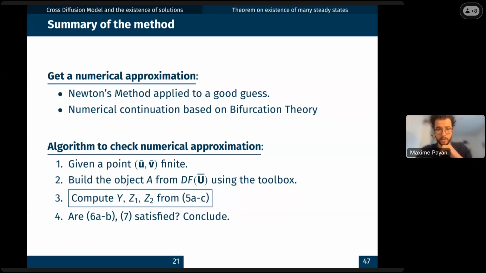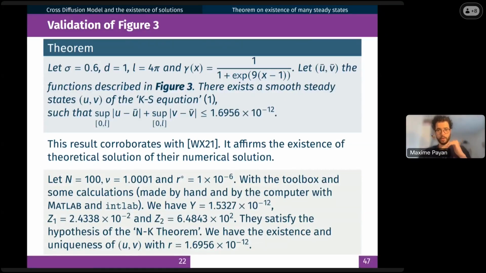Okay, so here we have the theorem for the Wang-Xu function. I repeat the data. There exists a smooth steady state u, v of the Keller-Segel equation for this data, such that the theoretical solution is near the numerical approximation, about 10 to the power minus 12.